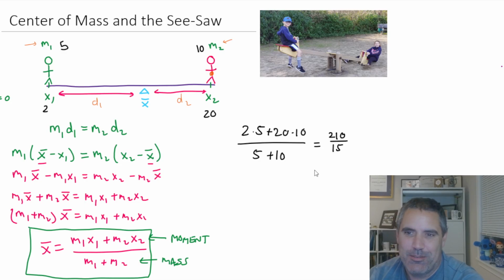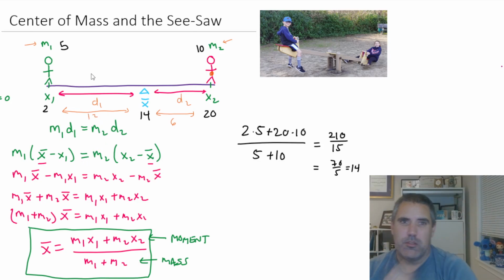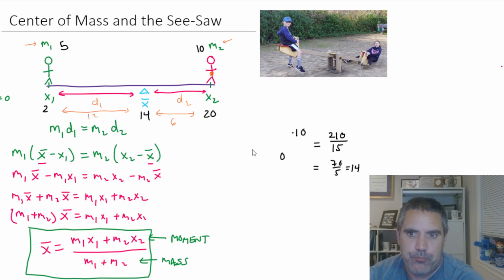Why did I make my life hard here? Well, you can divide top and bottom by 3, so it's 70 over 5, and 70 over 5 is 14. If you put the balance point at 14, hopefully it works out as I'm expecting: this distance is 6 and this is 12. Twice as much. So there's the law of the lever in action.